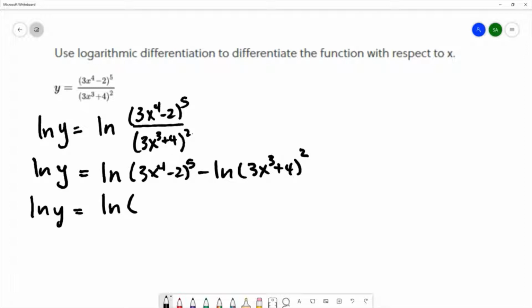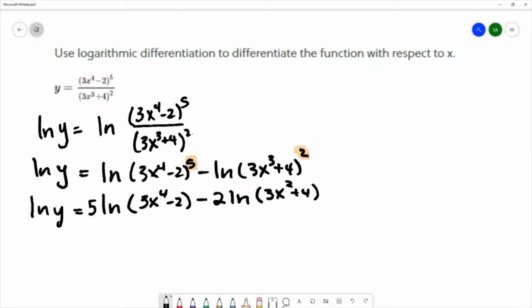And the power rule for logarithms allows you to take the power that is inside the log and make it the coefficient of the log. So I now have 5 natural log of (3x^4 - 2). Same thing with this one, we have a power, and we can bring that power to become the coefficient of our log. So far we've done only algebra properties by taking the log of both sides and simplifying using the log properties.